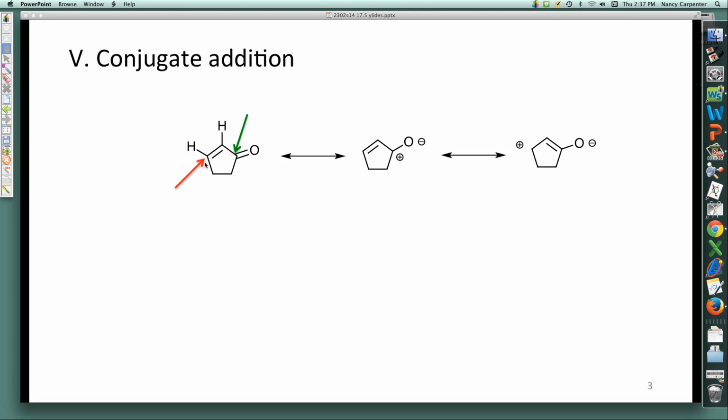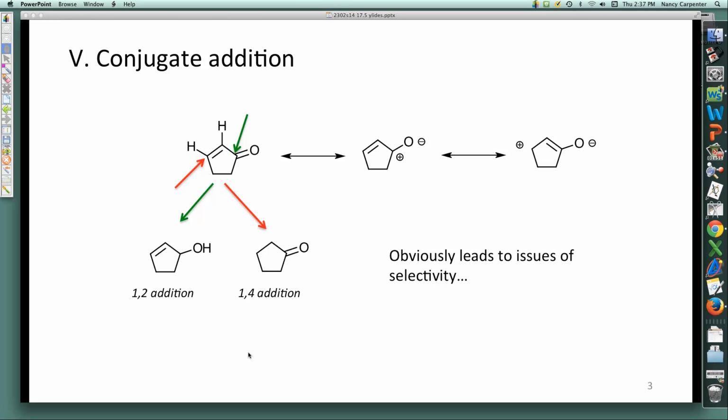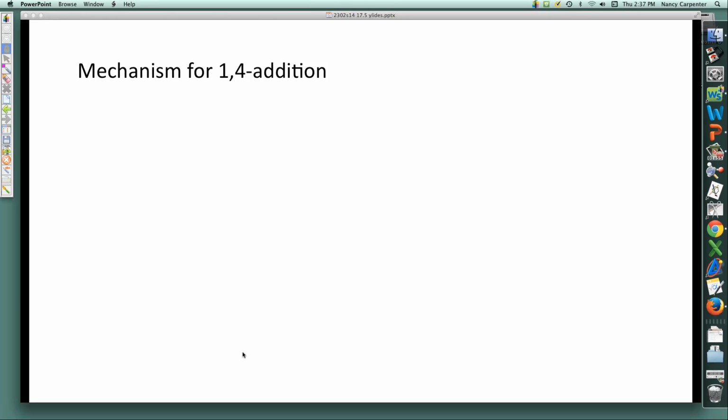The carbonyl carbon and the beta carbon, leading of course to two different reactions. Addition at the carbonyl carbon to give you the 1,2 product, or addition at the beta carbon to give you the 1,4 product. And as I mentioned in mini lecture 1, this means selectivity issues.